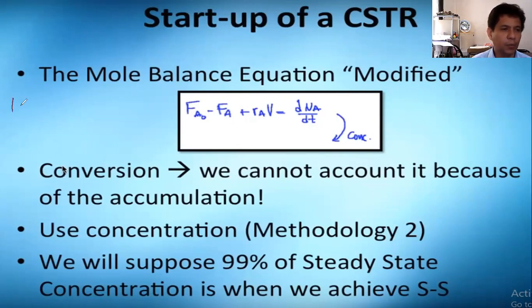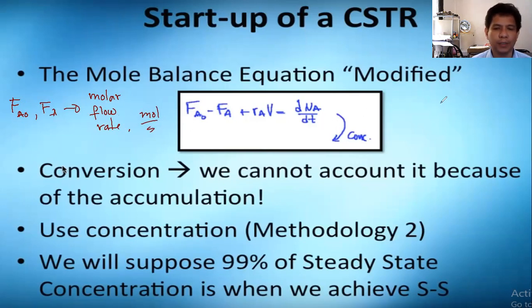So F_A0 and also F_A. If you still remember, these are the molar flow rates, for example mole per second, kilogram mole per second, etc. If you have a CSTR, this is your F_A0, and then this is F_A.